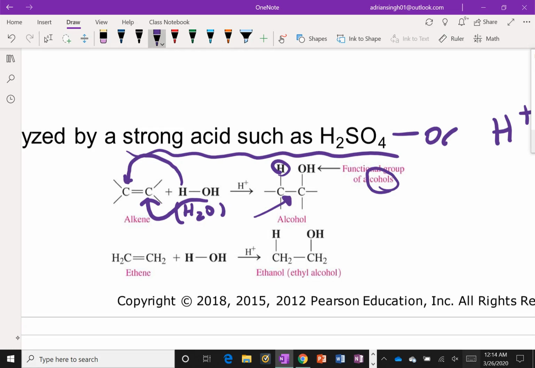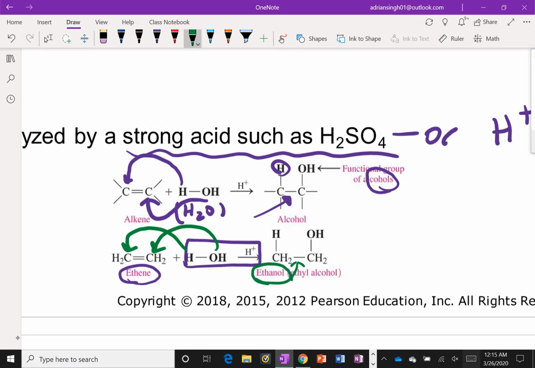All right, so for instance, ethene, a 2-carbon alkene, can undergo hydration, and these are the conditions for hydration. An H can go to one carbon, and the OH goes to the other one. The double bond goes away, gets converted to a single bond, and we end up making an alcohol known as ethanol, which is commonly called ethyl alcohol.